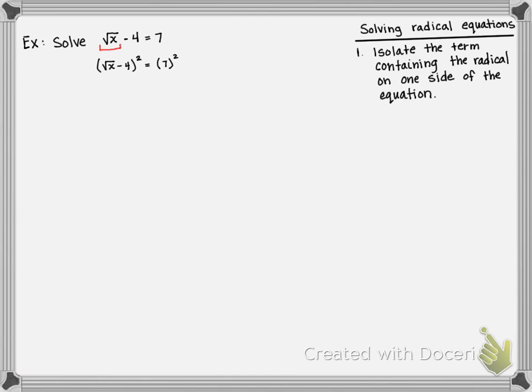But remember, that's the square root of x minus 4 times the square root of x minus 4. And when you distribute, your middle terms are still going to have the square root of x in them. So squaring both sides doesn't get rid of the radical if there's multiple terms over there. And so we need to always get that radical, or the term containing the radical, by itself first. So in this case, we would do that just by adding 4 to both sides. So we would get the square root of x equals 11.